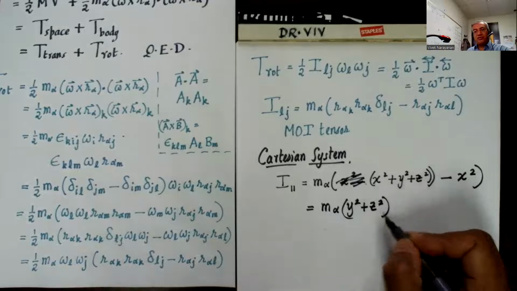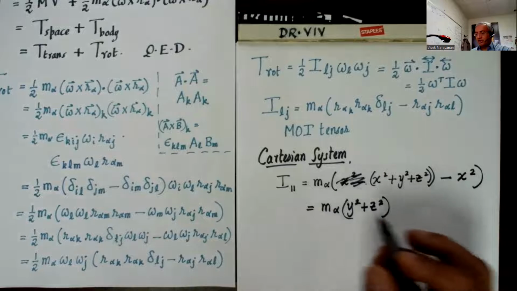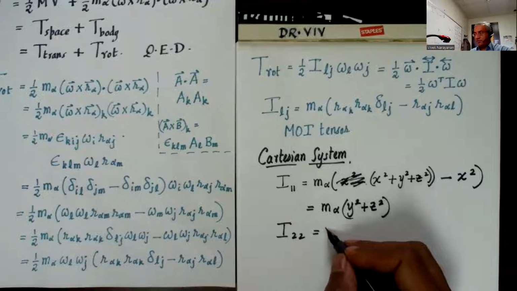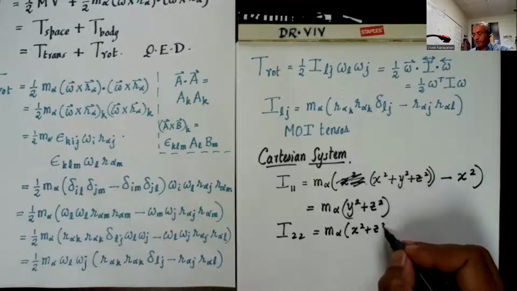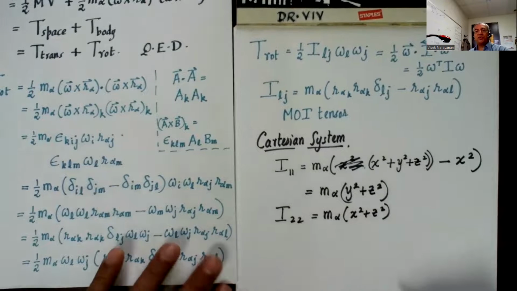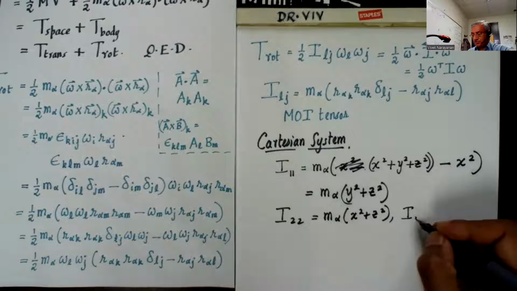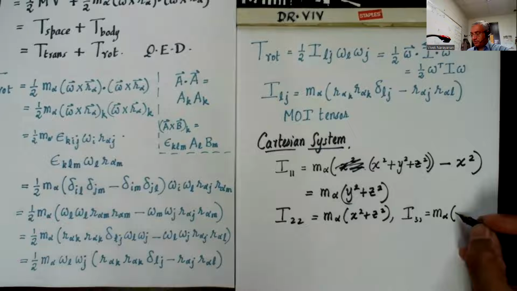The diagonal terms have the removal of the thing that the diagonal term refers to. One refers to x, so you don't have x squared. Similarly, I22 will have m alpha times x squared plus z squared. Now, what about the terms that are off diagonal? Let me just write I33 also. It's m alpha times x squared plus y squared.